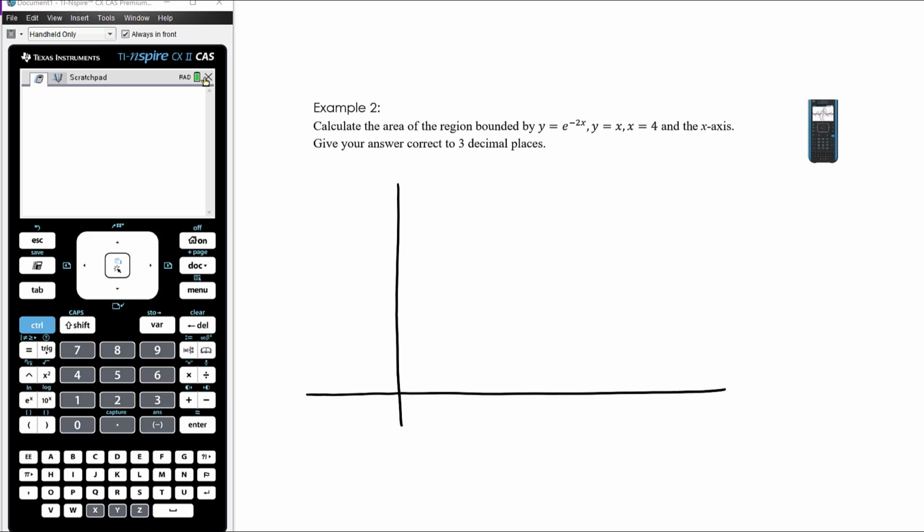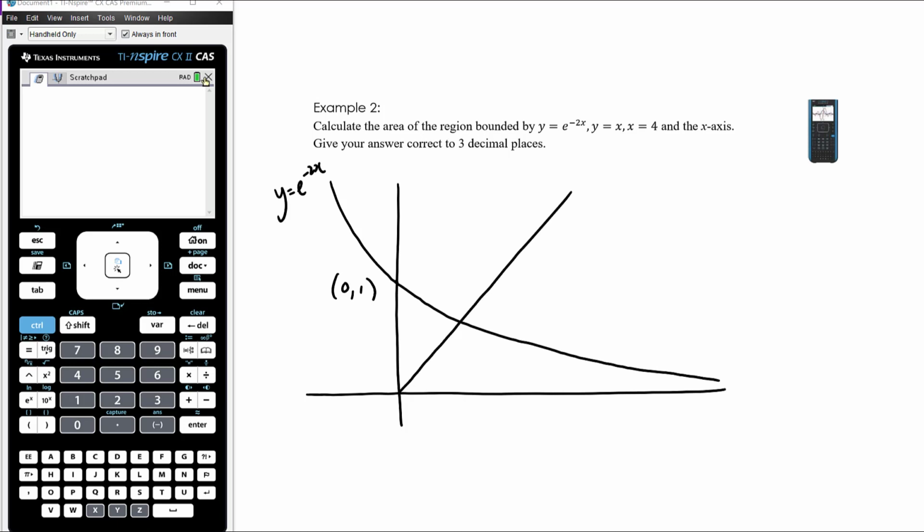Might just make it higher up so we can clearly see what's happening. That's the point (0, 1), and that's the exponential. Then we've got the line y equals x. Probably didn't need to extend it that far. And then we've got the line x equals 4.